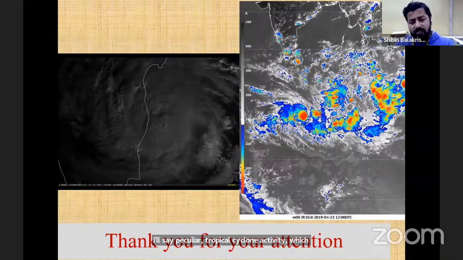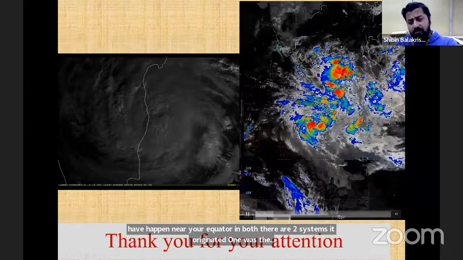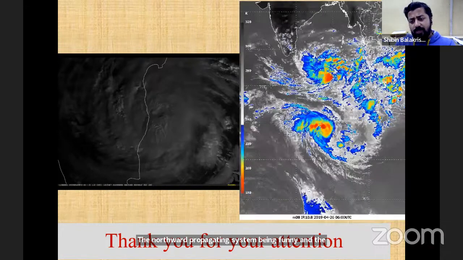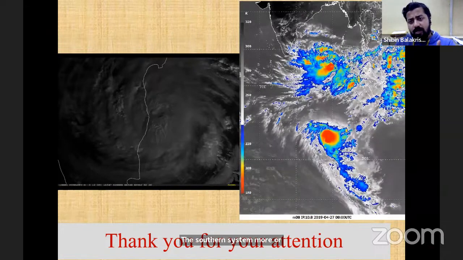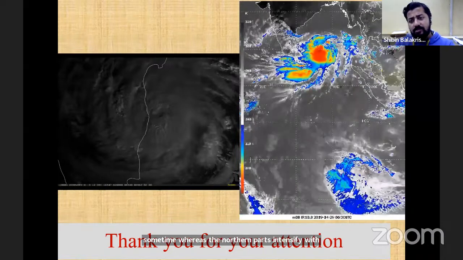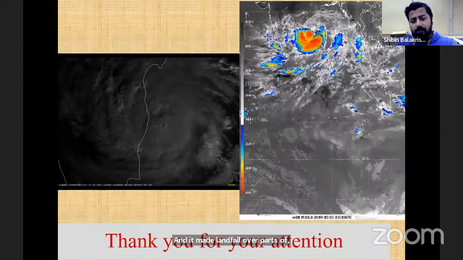Two systems originated. One was the northward propagating system, Fani, and the southern one was Lorna. The southern system more or less weakened after some time, whereas the northern one intensified, passing through proper environmental conditions, and made landfall over parts of northeast India.